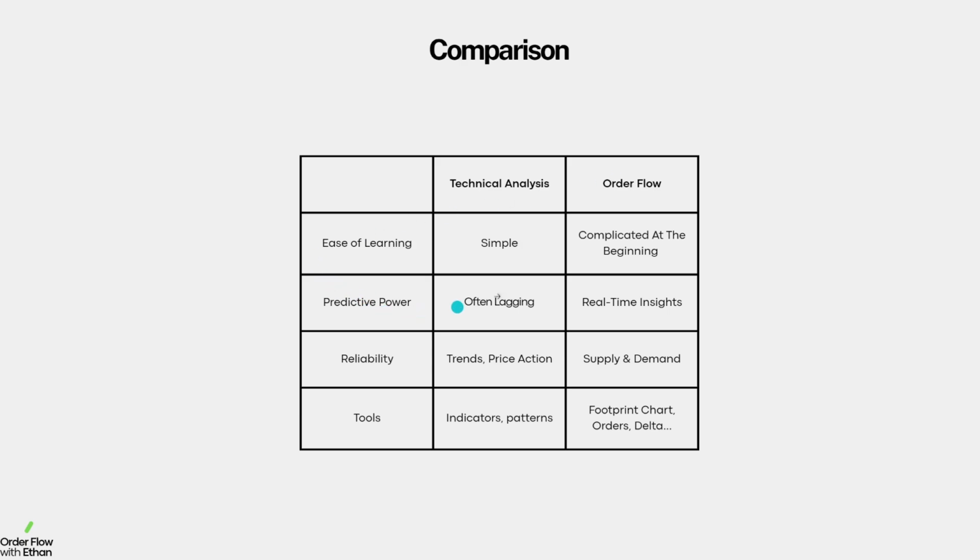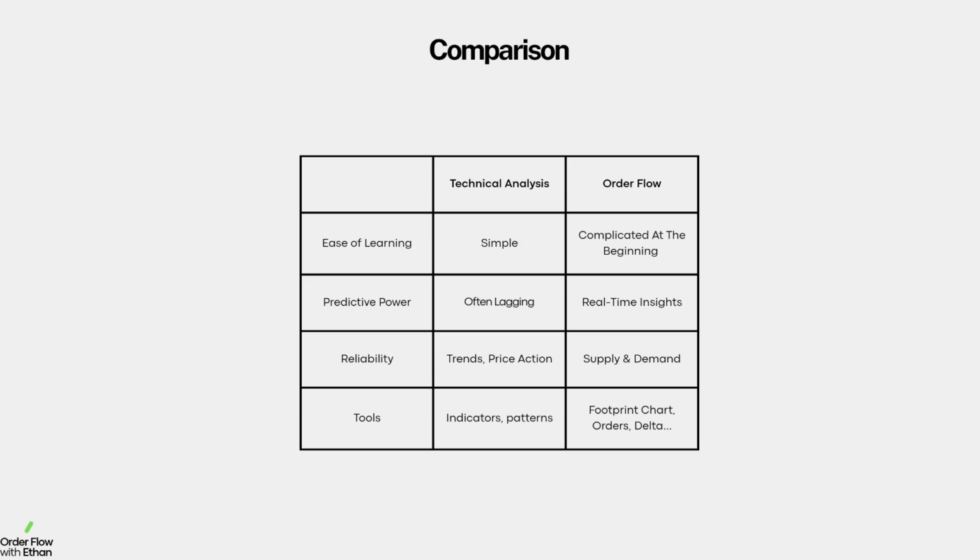Then for predictive power, technical analysis is often lagging, but order flow gives always real-time insights. That's why it's called footprint. You see footprints of people, just following those footprints to analyze exactly what's happened, and that's why we named it footprint. For reliability, technical analysis relies on trends and price action, but order flow relies on trends, price action, plus supply and demand.